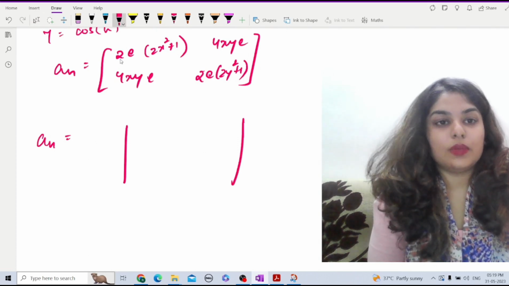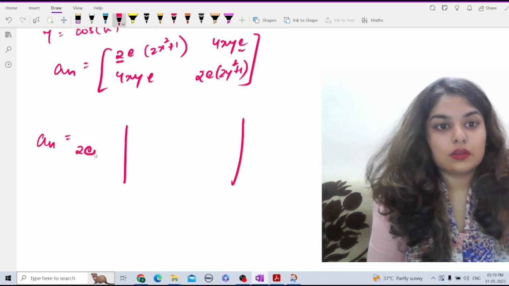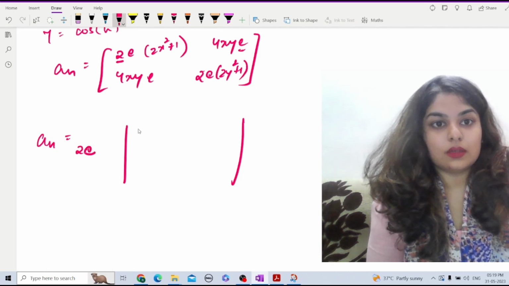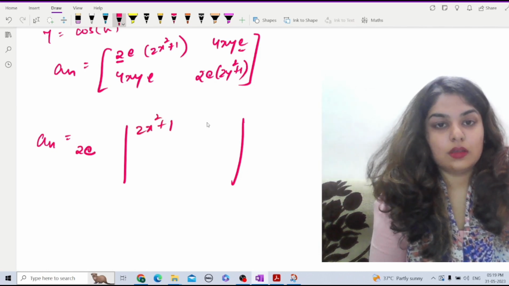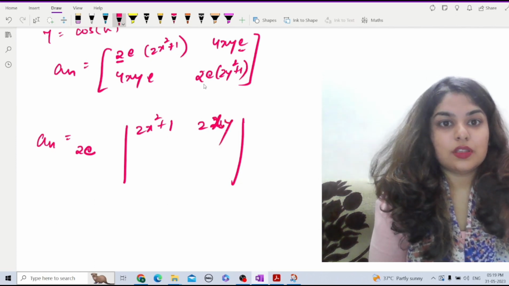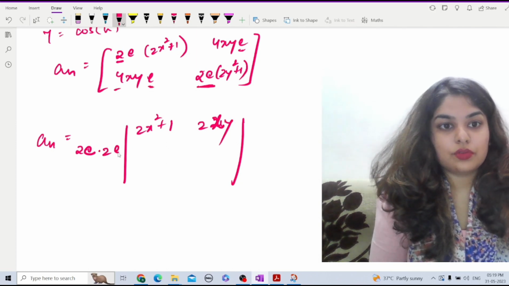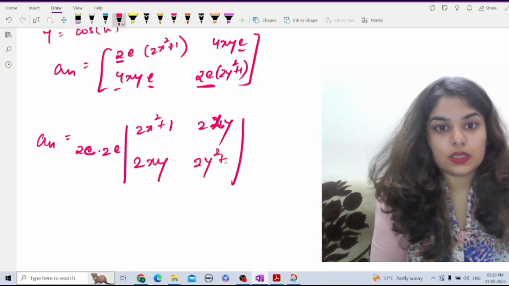So we can take 2 and e as common from here. So the first row becomes 2x square plus 1, 2xy. And from here also we can take 2e as common. So 2e into 2e, and here we have 2xy and 2y square plus 1.